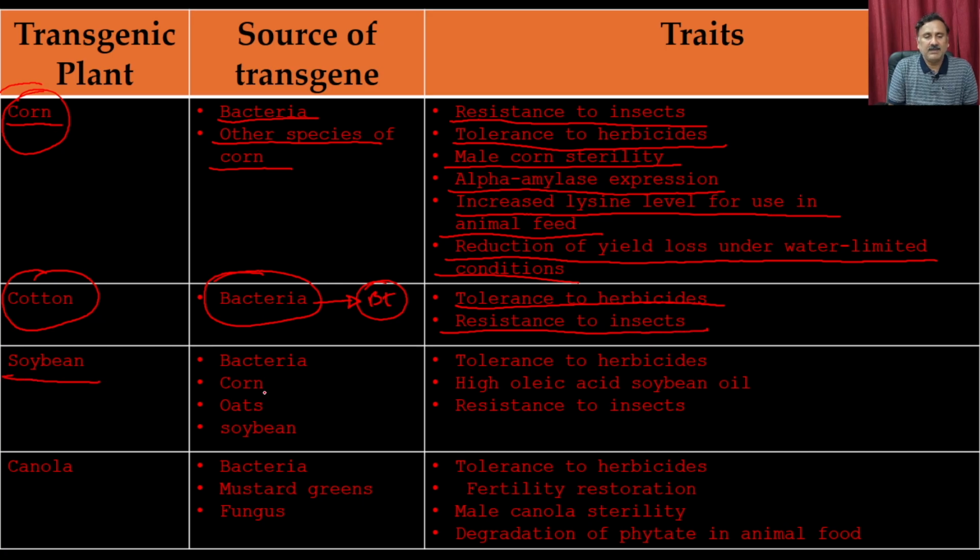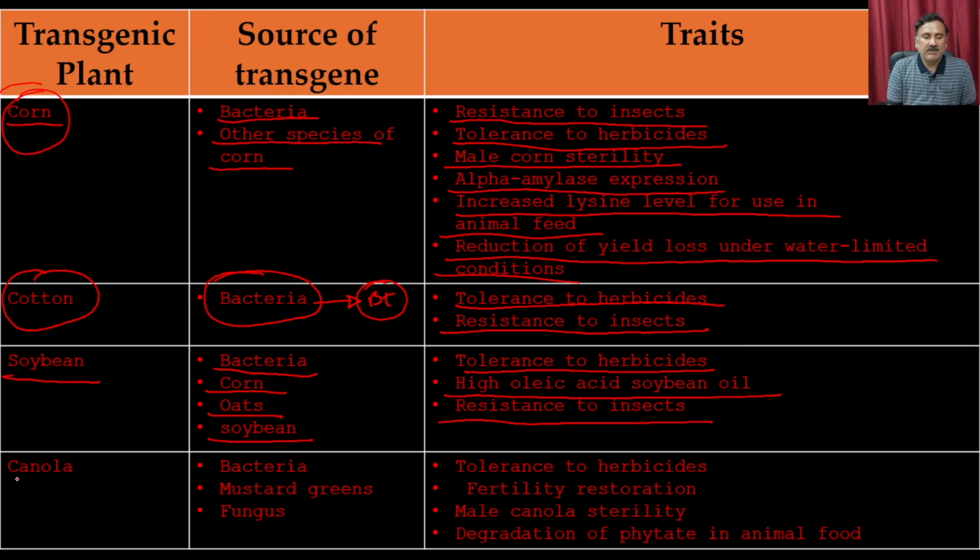Then we have soybean. In soybean, you are expressing transgenes from bacteria, corn, oats, and soybean, and because of this it is going to have different types of applications. So, it is going to be tolerant to herbicides, it is going to have high oleic acid soybean oil, and it is resistant to insects. Then we have canola, right? Canola is an oil, right?